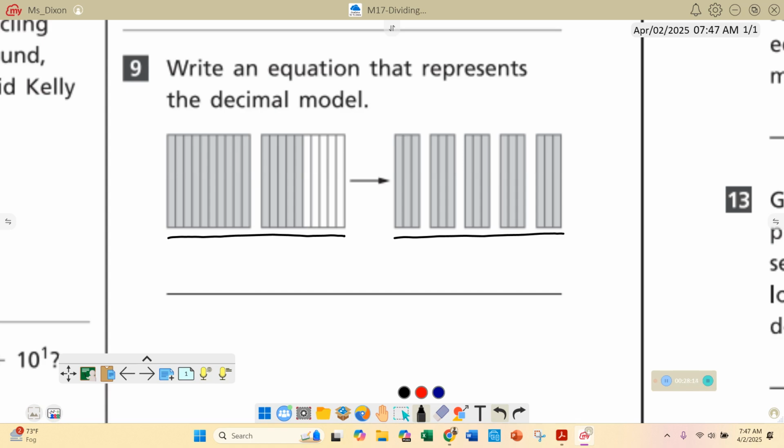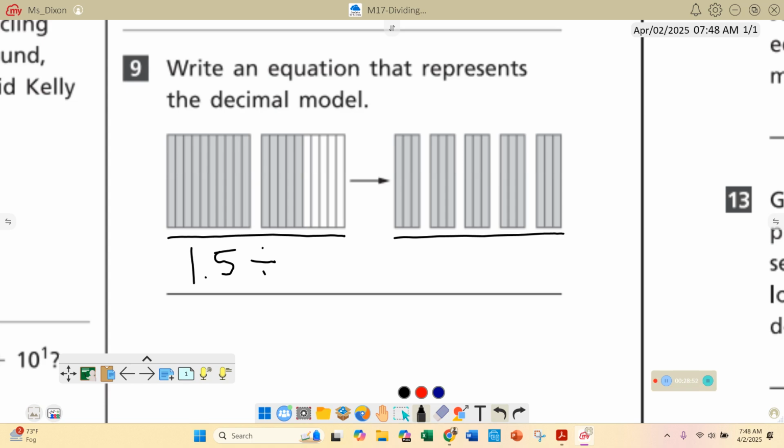I see that I have one whole box completely shaded in. So that's going to be one whole. And then I have an additional 5/10 of a whole box shaded in. So that's going to be 5/10. All right, and we are separating or splitting this one whole and 5/10, so that's division, into thirds in 5 groups.